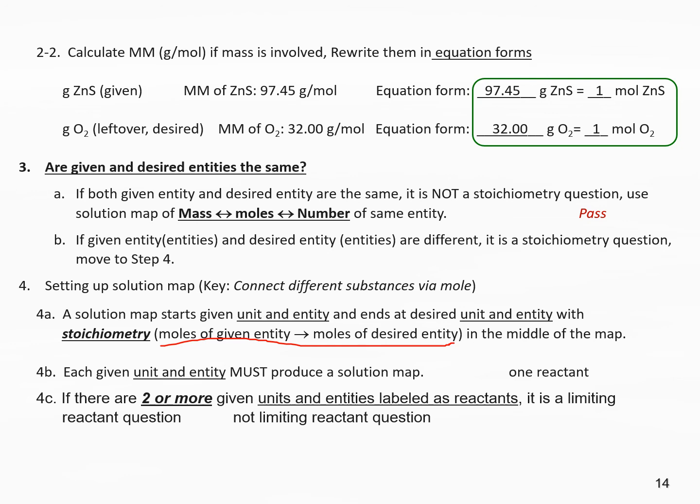Moles of zinc sulfide to moles of oxygen. So that is a part of the solution map that's already there, and all we have to do is finish the rest. Each given unit entity must produce 1 solution map. We got 1 given unit entity, so we understand that it's going to be 1 solution map. If 2 or more, we understand it does not apply.